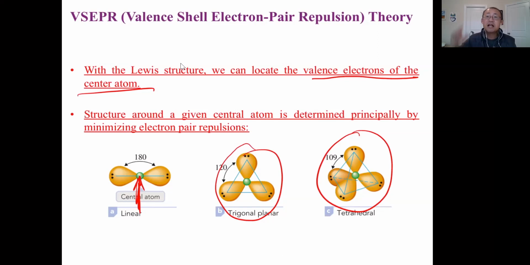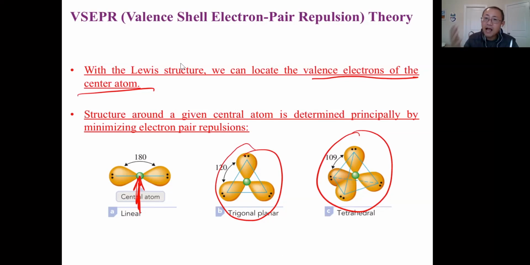Basically, we care how many electron groups are around the central atom, and based on these, the electron groups will adopt a geometry so that they are maximally separated, so the repulsion is the smallest.